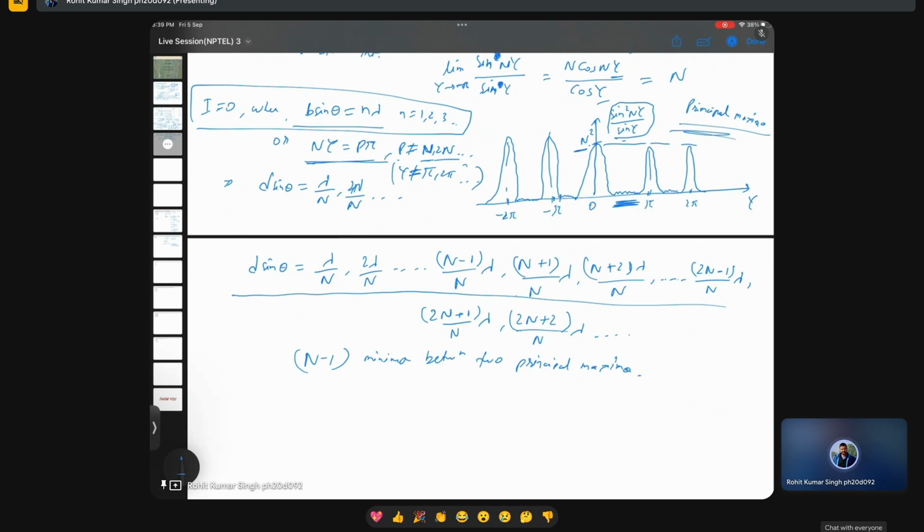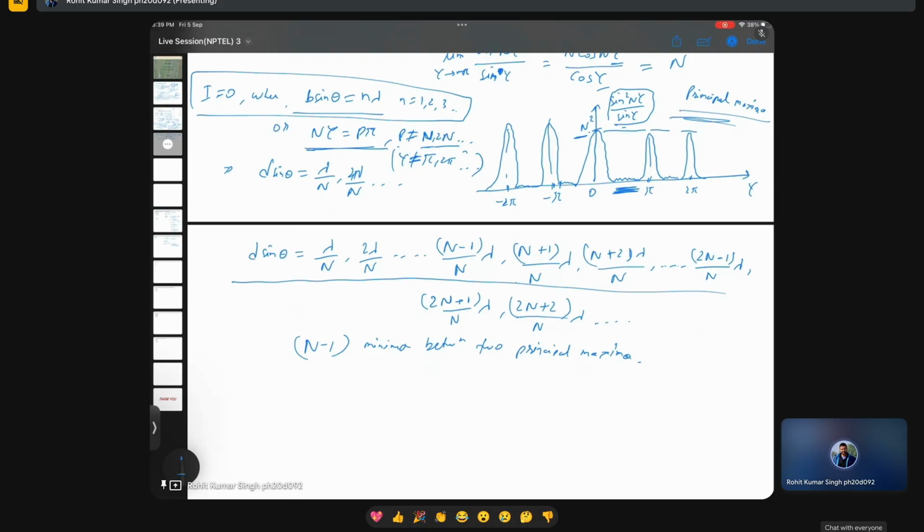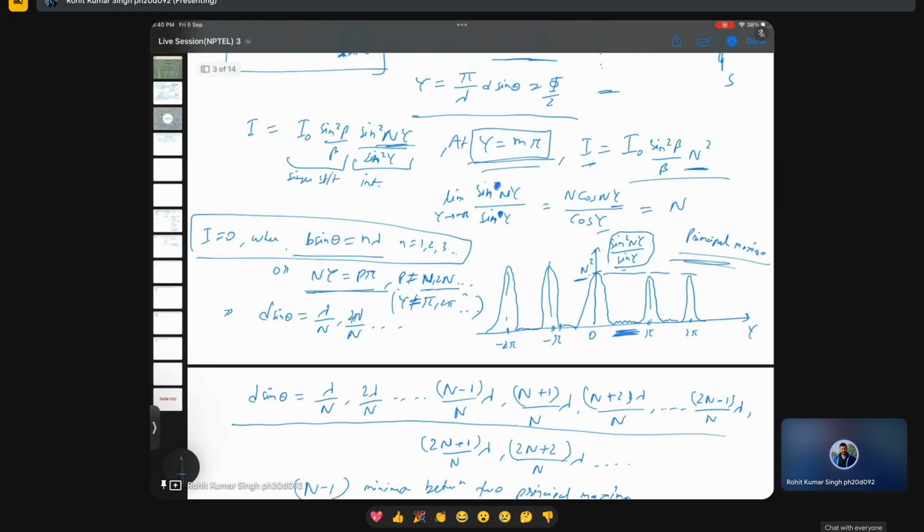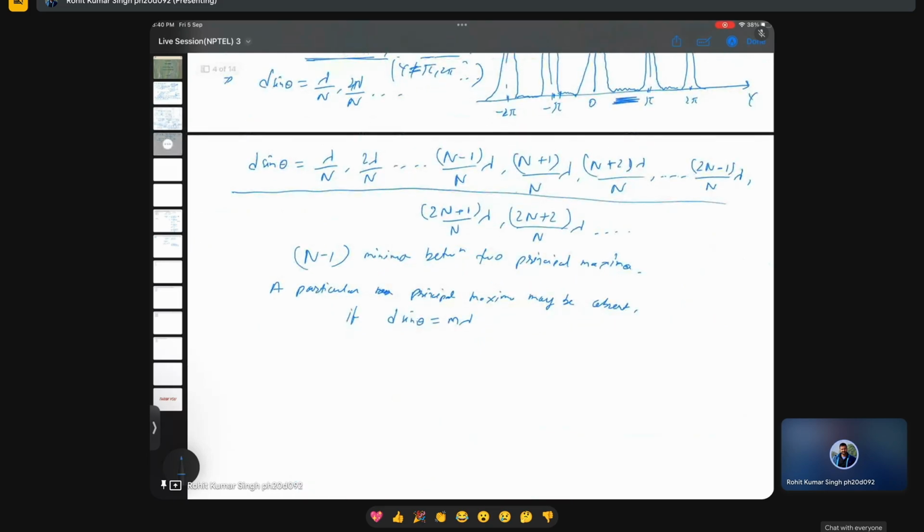Now here also, like in the double slit case, a particular principal maxima can be absent. So when will that happen? This is the condition for interference maxima, m pi, right? And you always have this condition for diffraction minima, n lambda, where n equals 1, 2, 3, and so on.